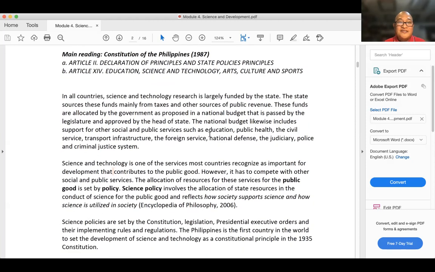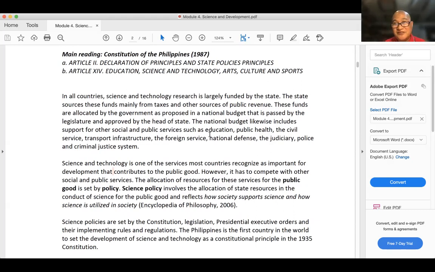Now, science and technology, while it's really important for national and economic development and contributes to the public good, has to compete with other social and public services. It's all for the public good, and public good is set by policy.